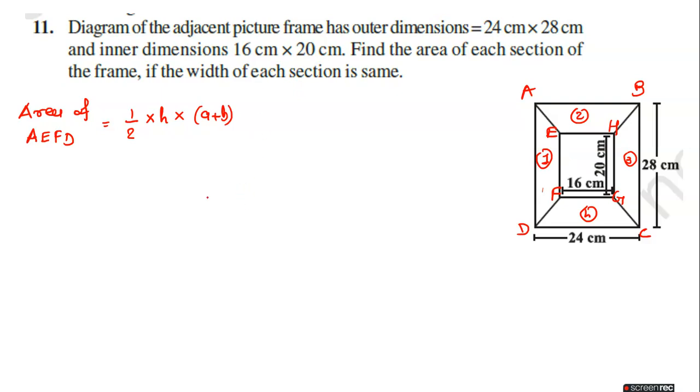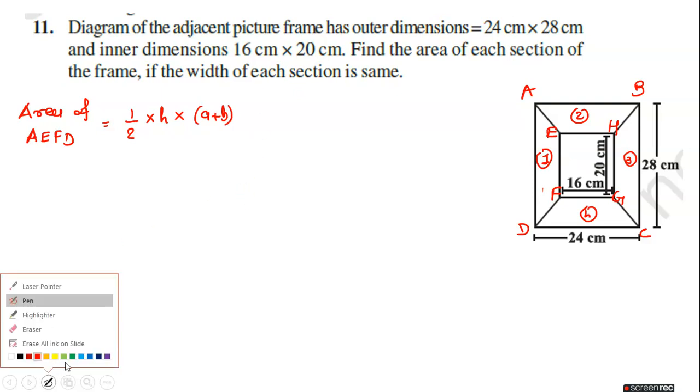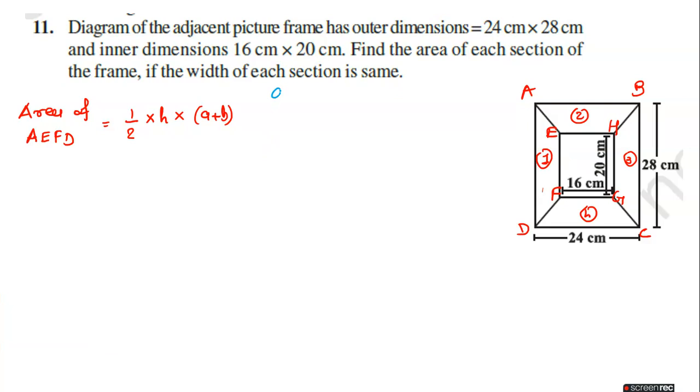So we will write down all the data. A is equal to 20 centimeter. Okay, inner side, smaller side 20 centimeter. B is equal to 28 centimeter.